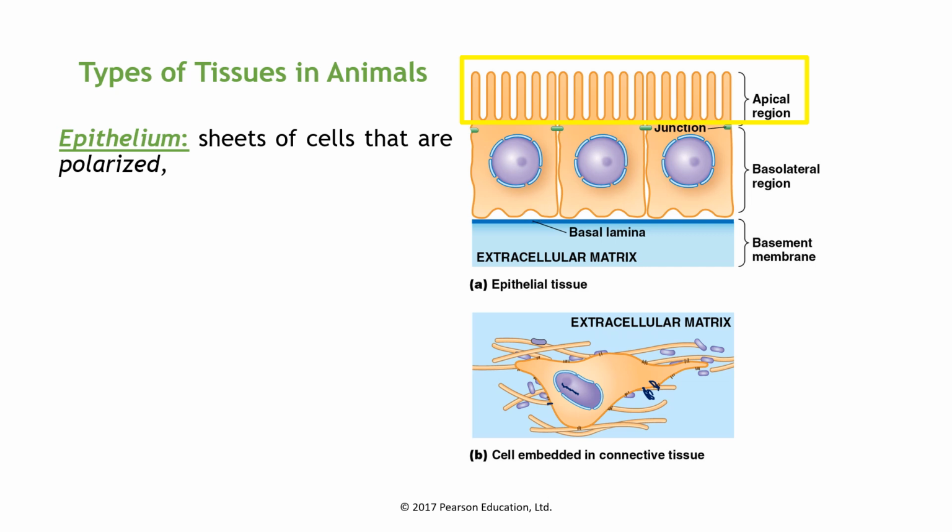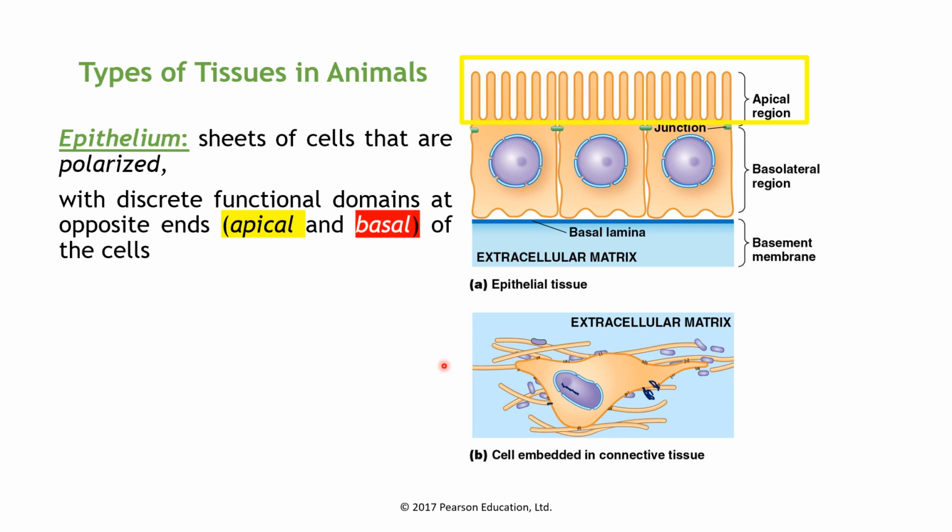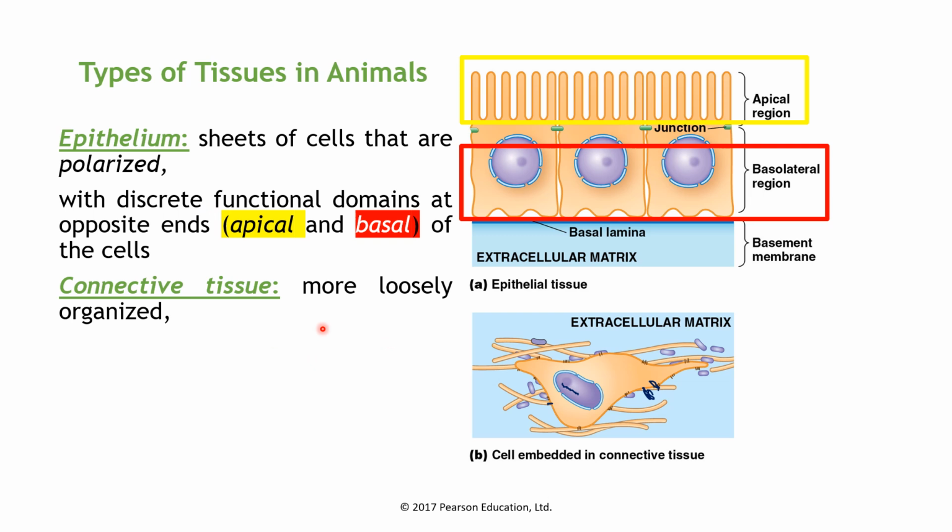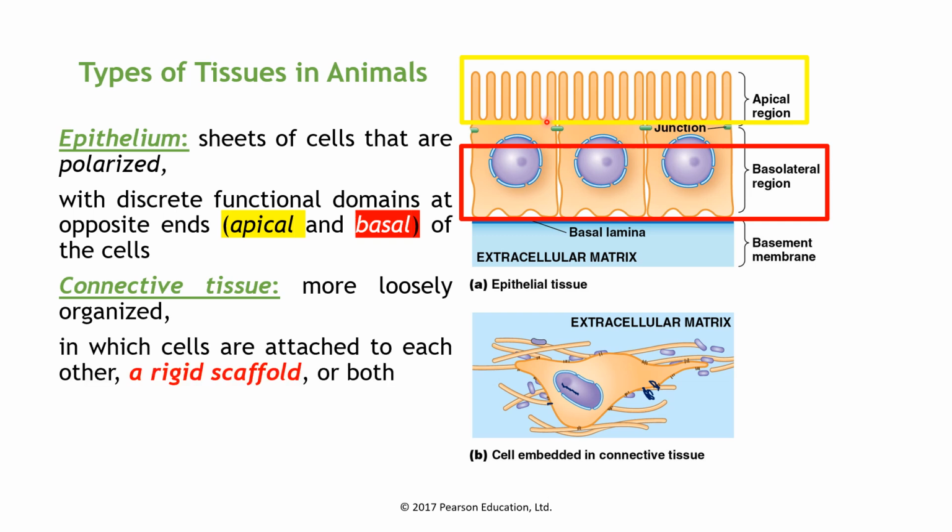So they have this apical and basal polarity. Here you find the basal polarity. The connective tissue doesn't have this apical and basal polarity, and is more loosely organized. The epithelial cells form like bricks in a house, one attached to the other properly, and here the cement will be these proteins that are the junctions.